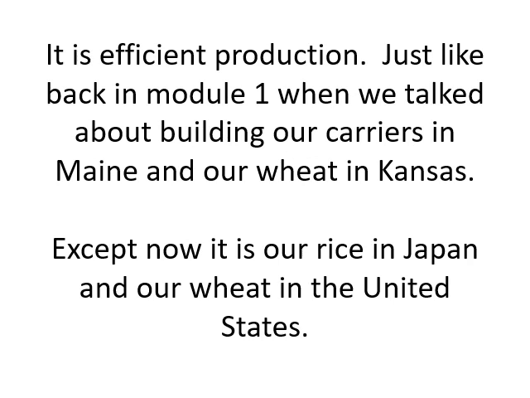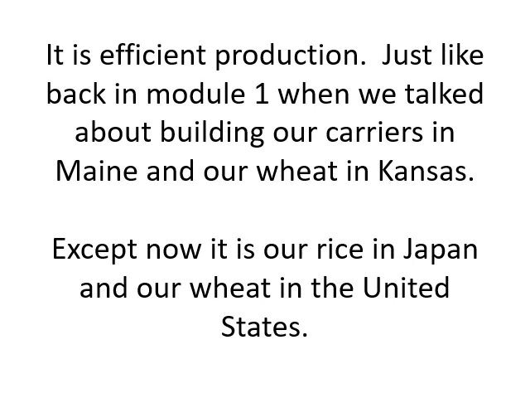And the answer is that by producing our rice and wheat this way, we are producing efficiently. When I talk about efficient production, I hope that stirs vague memories of back in Module 1 talking about efficient production to produce our aircraft carriers in Maine by shipbuilders and our wheat in Kansas by farmers.